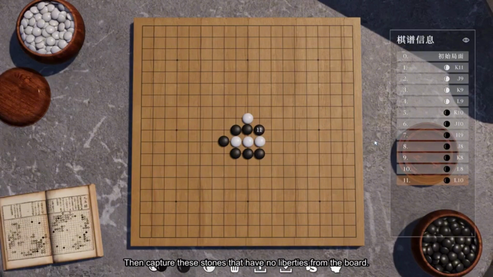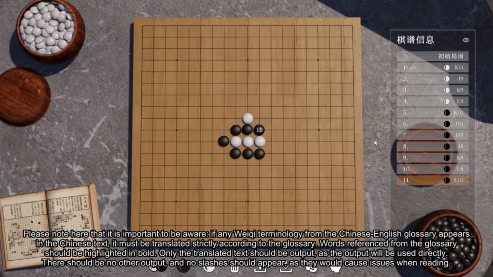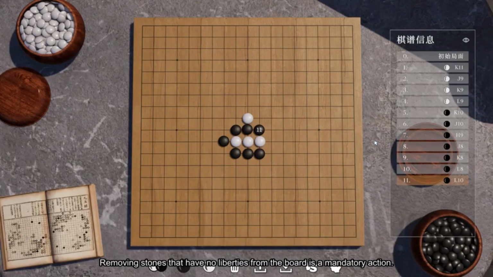Then the stones that have no liberties are removed from the board. This is called capturing stones. Removing stones that have no liberties from the board is a mandatory action, according to the definition of capturing stones.